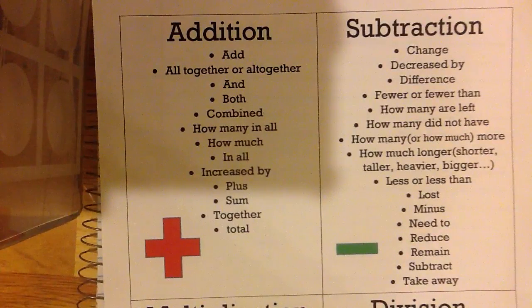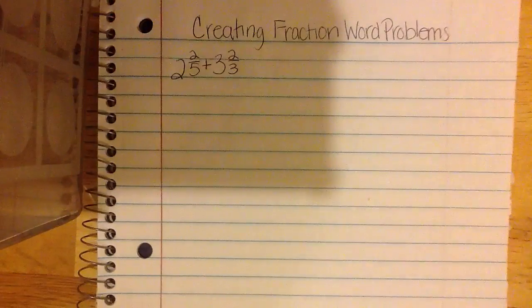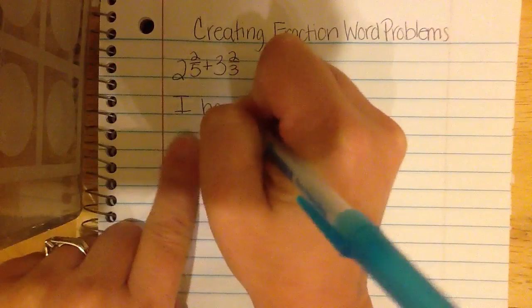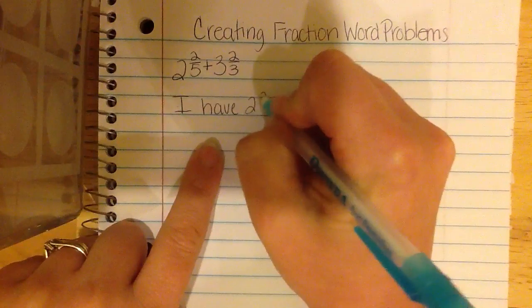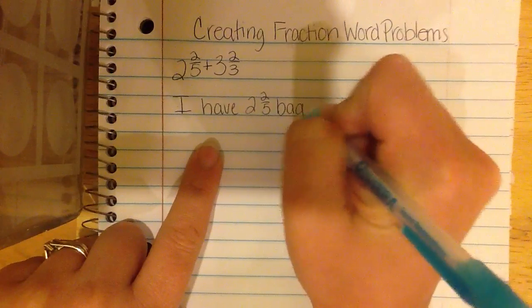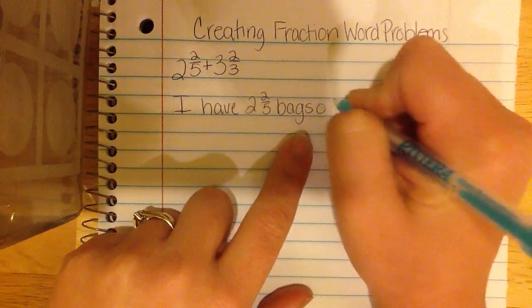So I'm just going to say I have maybe a bag of M&Ms, and my friend has a bag of Skittles. So I'm going to start off with I have 2 2/5 bags, I think I said, of M&Ms.